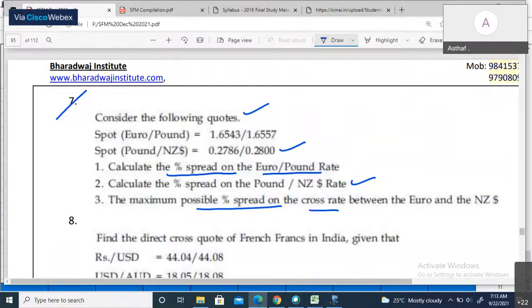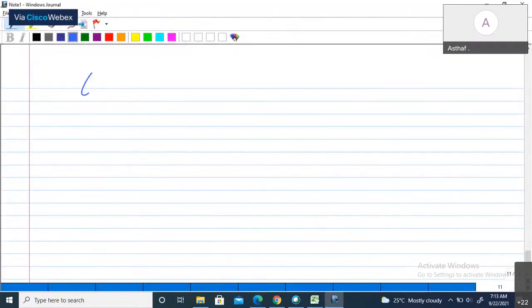We have discussed the formula for cross rate. So what is the cross rate? Euro and New Zealand dollar. We want to do it for euro and New Zealand dollar. So our formula, A/B into B/C. Euro has to come on top. Euro with any currency is available.